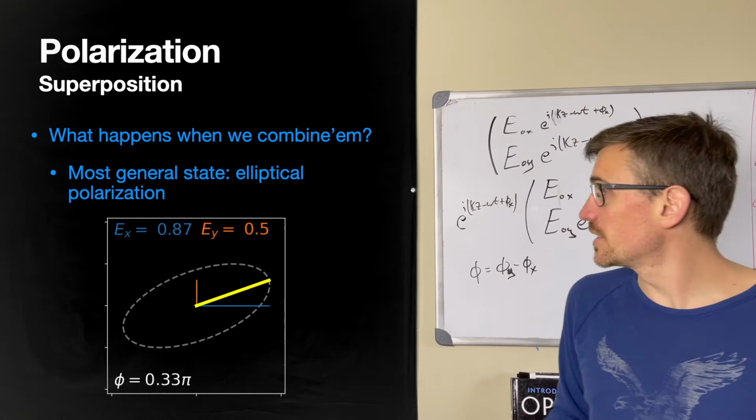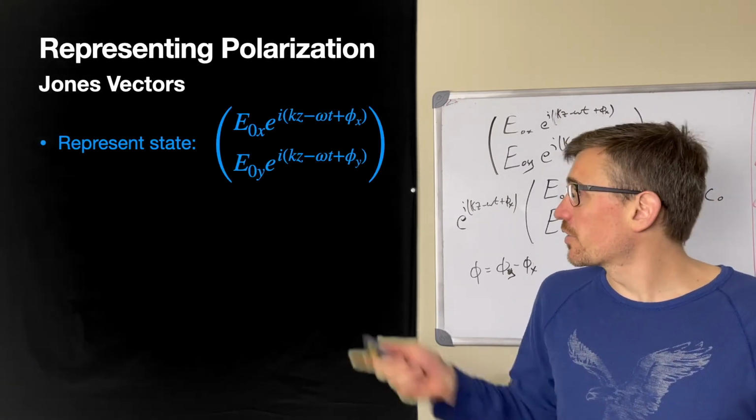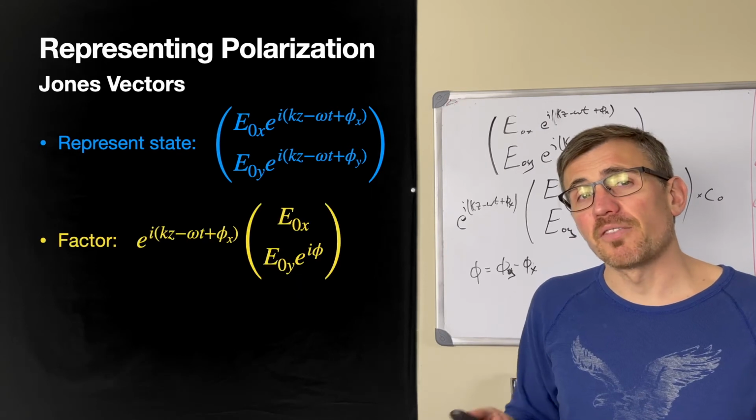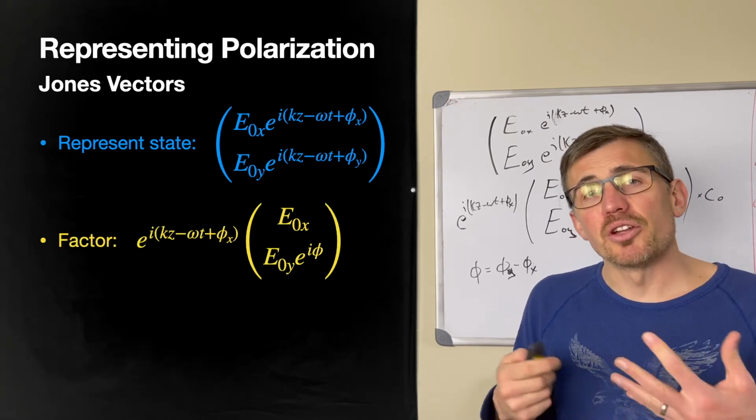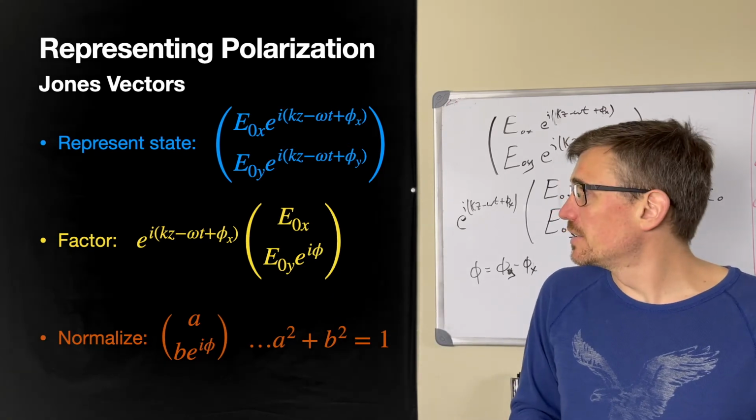And there's a name for this. These are called the Jones vectors. So again, we start with our electric field as defined here, factor out common stuff, and reduce it to the bare essentials. What we're left with is this vector.